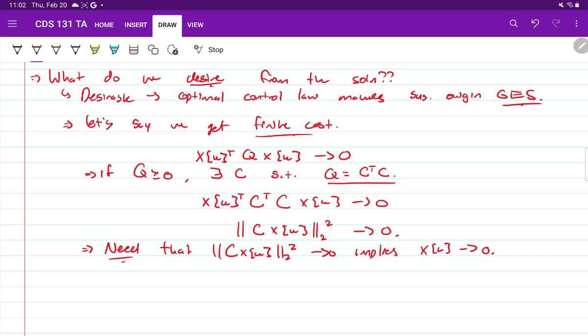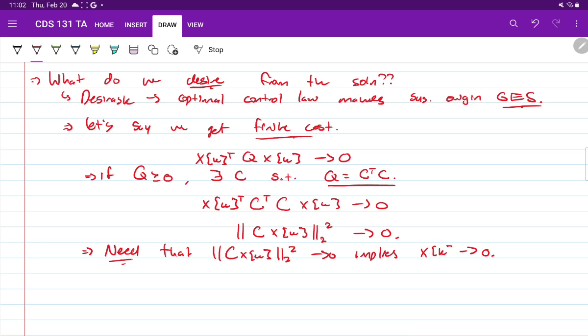Now, see if you could think for a moment about conditions on this matrix C under which this actually occurs. All right, so I'll assume you've given this some thought.